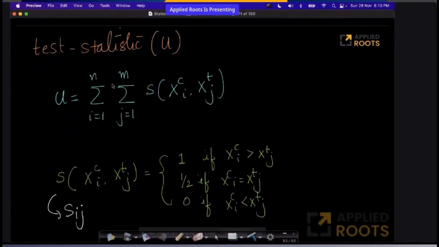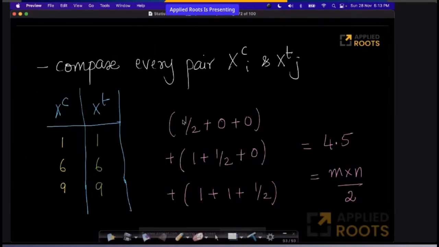The test statistic, referred to by U, is: you're taking every pair of observations from control and treatment, and you're assigning a value of 0, half, or 1 based on whether control is greater than treatment, equal, or less. We have seen some simple examples to show that when control and treatment have the same distribution, they typically result in a U value which is equal to m times n by 2.